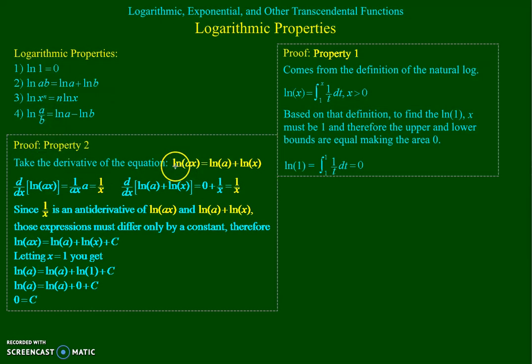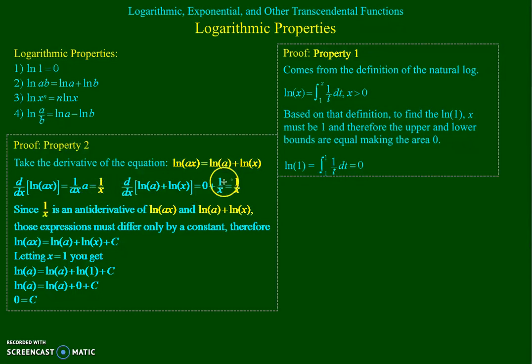The left side is the natural log of a times some value x, and the derivative of ln of ax is 1 over ax times the derivative of ax. The derivative of ax is just a. Clearly the a's cancel out, and we have this derivative as 1 over x.